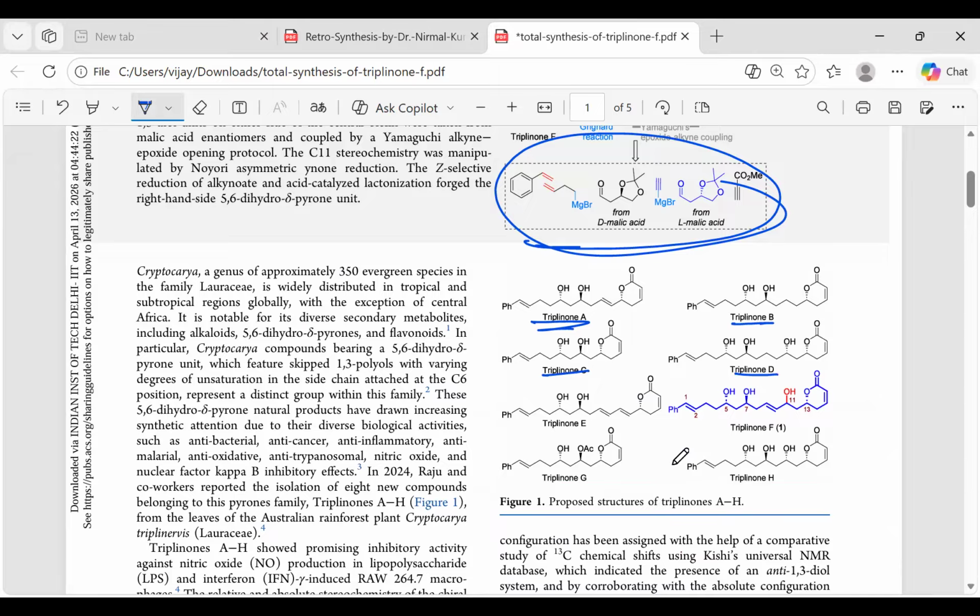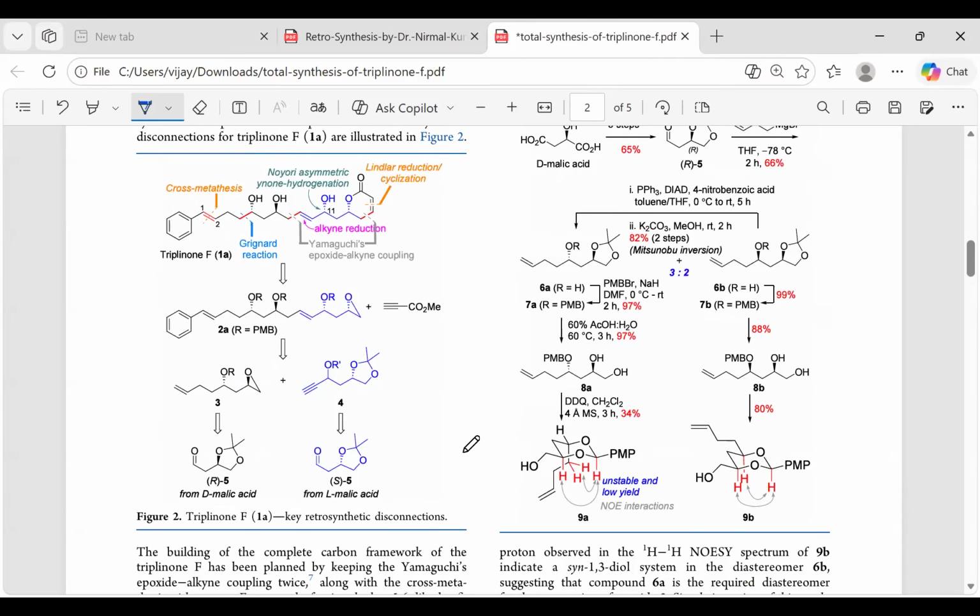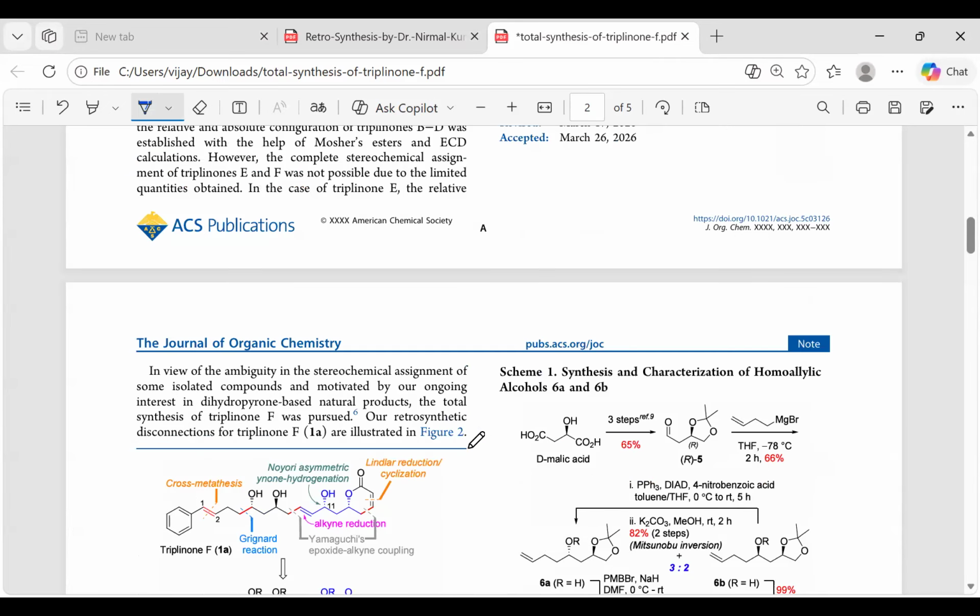We are not going to go into much more detail, but if you look at how they did it here, they started their synthesis with malonic acid. Malonic acid in three steps converted into this part.